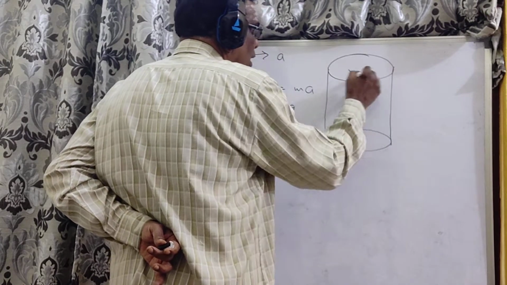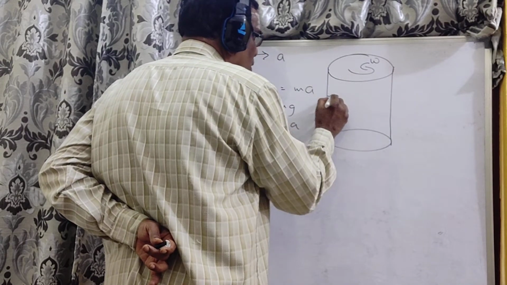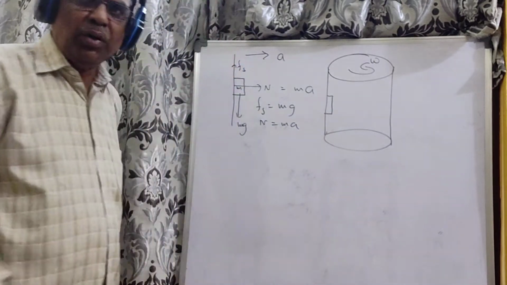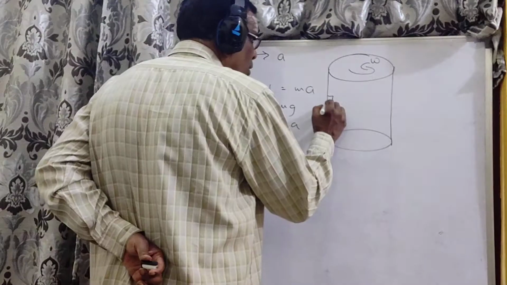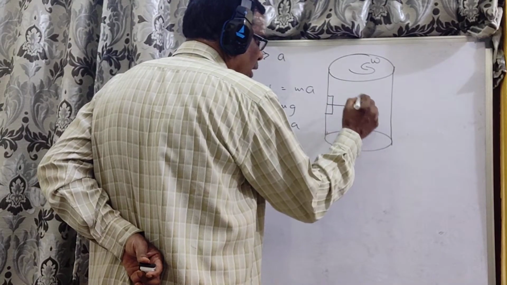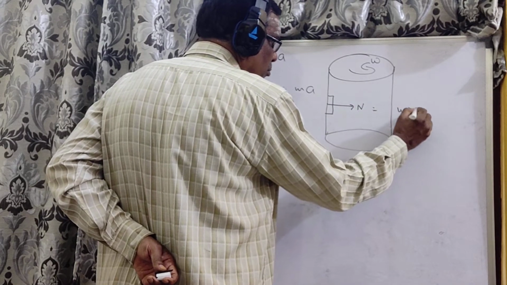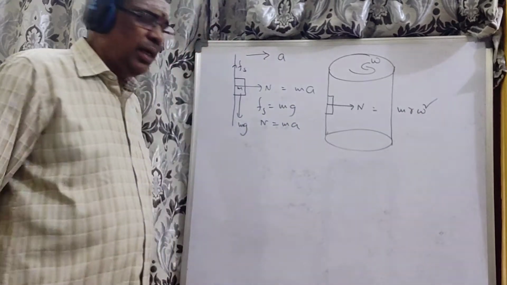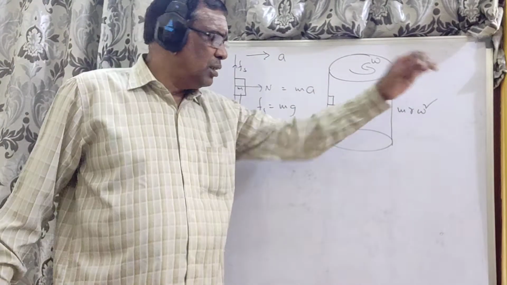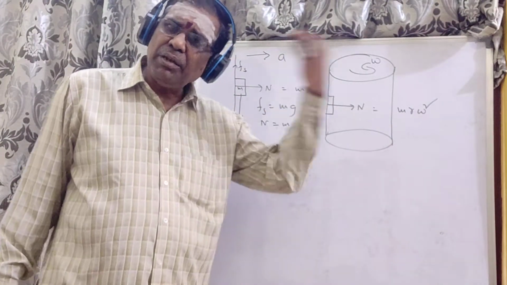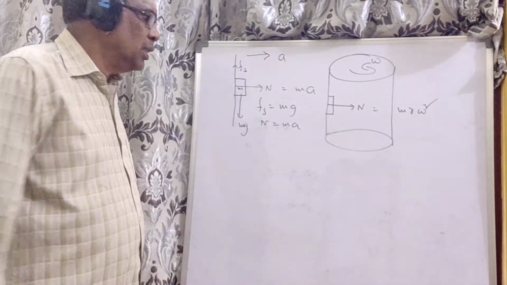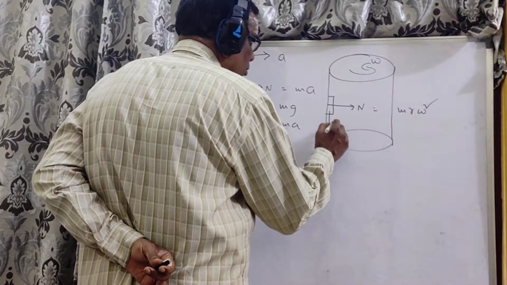Likewise, now a hollow cylinder rotating with omega and placing a body on this. N is your normal force, and that is nothing but centripetal force. Therefore, it is equated to m r omega square.